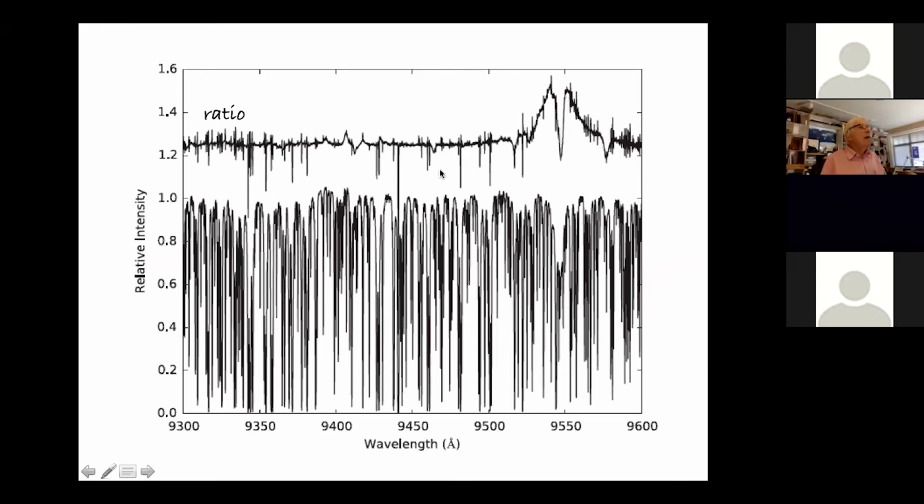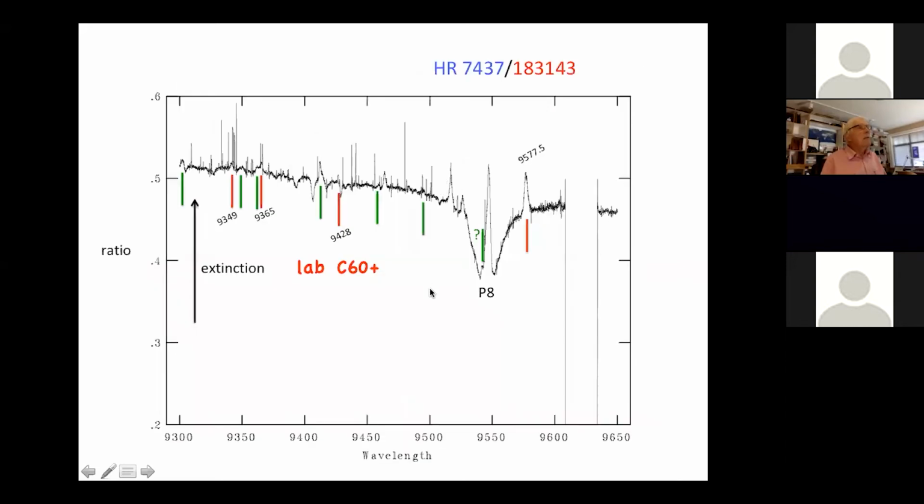So let's take the next slide. Here is that again. Now in this ratio, excess absorption in stellar line, the star 183143 shows up as a peak. So here's the 9577 diffuse feature.